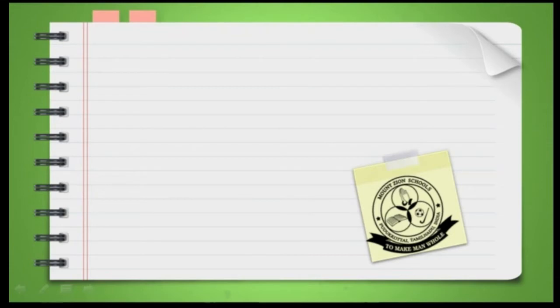When you solve, square root of B square cos square theta minus 2B square cos square theta plus B square.